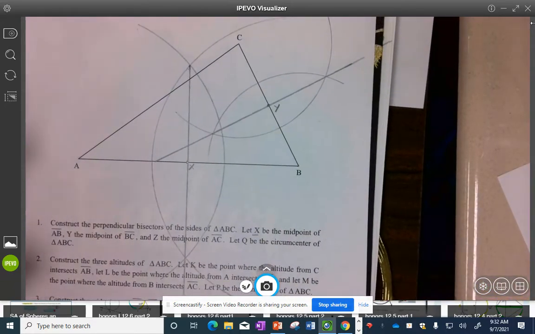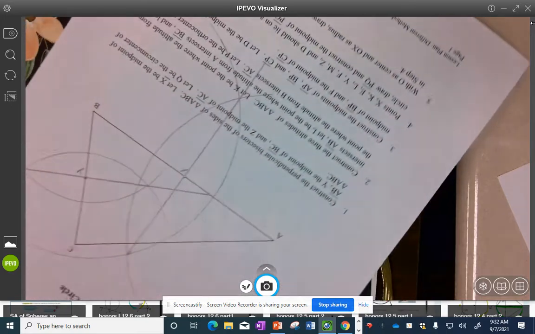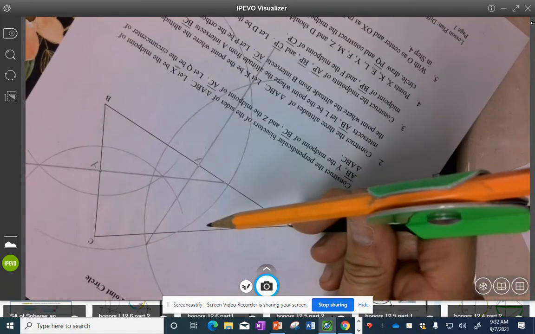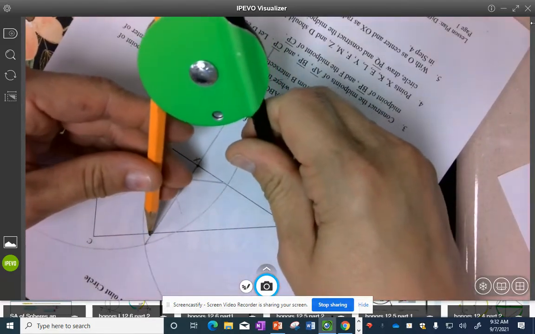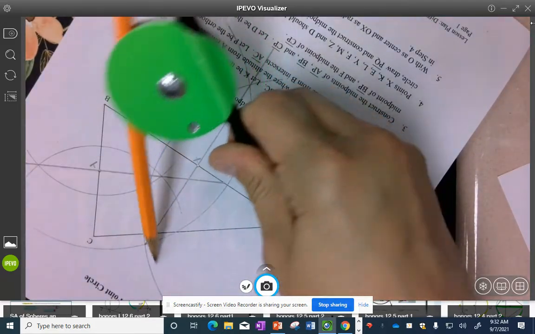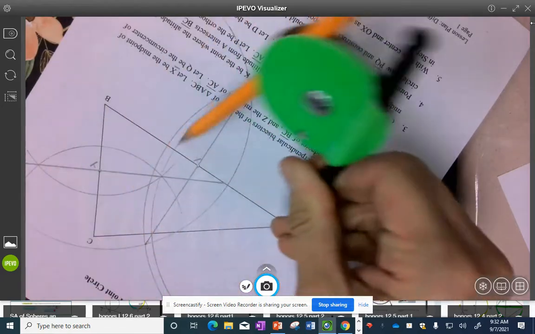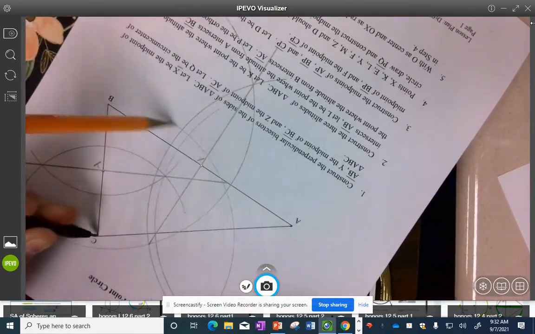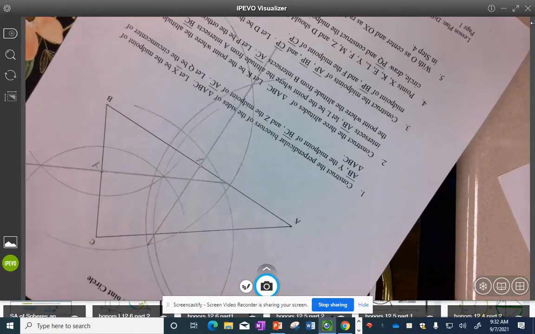Moving on, let's do the third side. And again, I'm going to open up my compass a little bigger, about this much. Now, as you can see, your picture is going to get messy, right? So you have to keep track of which arc is what.